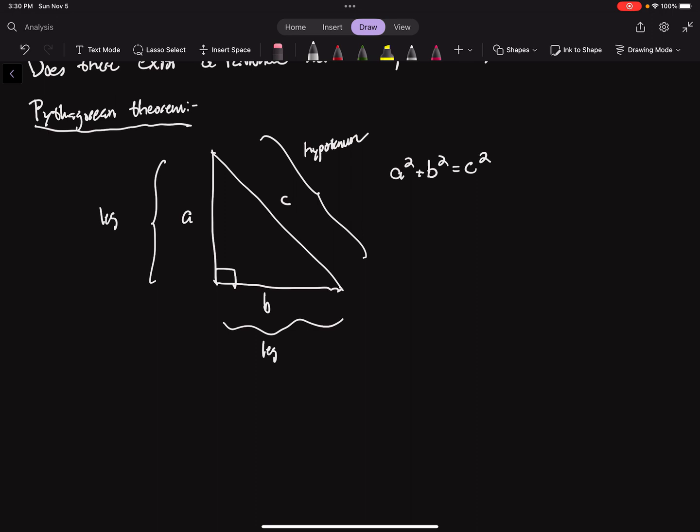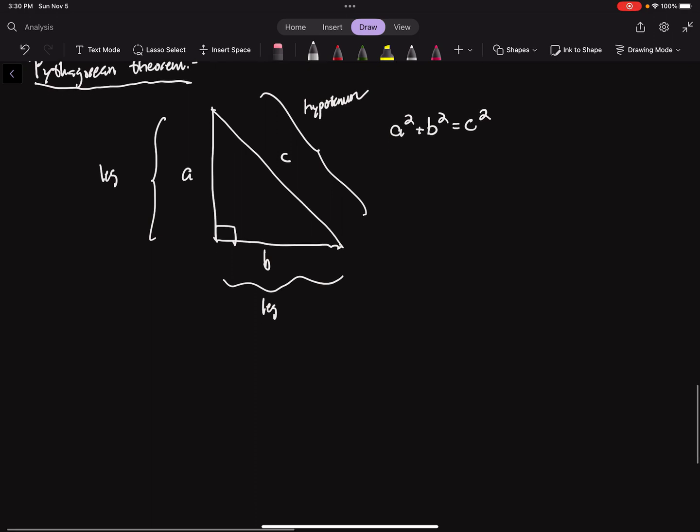So it seems really natural to ask, is every triangle valid if our only numbers are rational numbers? So what if we have a triangle whose legs are both of length 1?